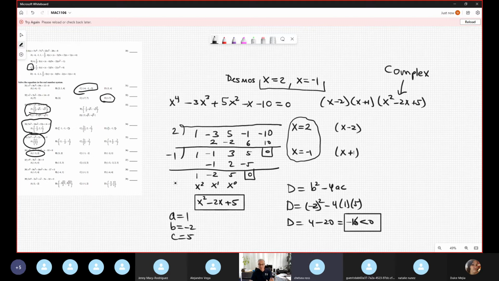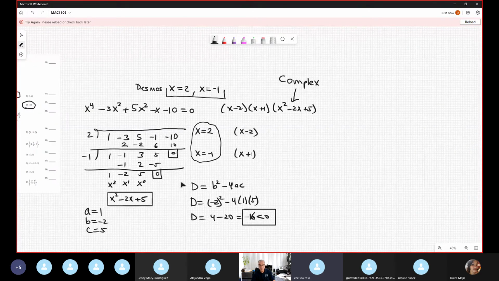Let's do it more clear. Suppose some students don't like the discriminant. Okay, I respect that. So now you apply the quadratic formula, minus b plus or minus the square root of b squared minus 4ac, because actually the factor that we get in that moment is quadratic. You put it equal to 0 and apply the quadratic formula.